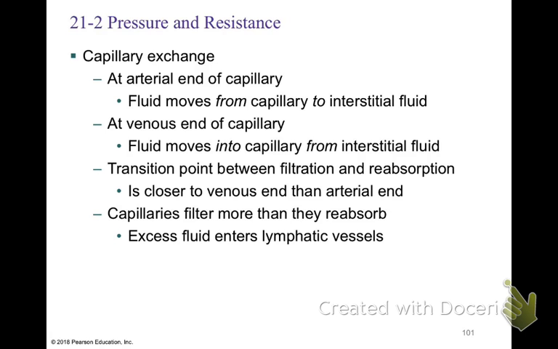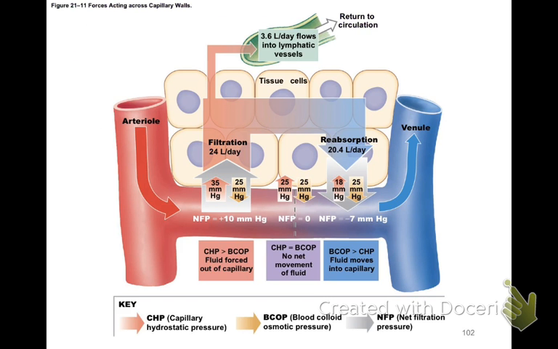We don't really care exactly where it is, but you're just going to have a shift from filtration to reabsorption. And the balance of filtration versus reabsorption is actually in favor of excess filtration, but that extra fluid is supposed to enter the lymphatic vessels. And we'll worry about what happens to that when we get to the next chapter, which will be after this test.